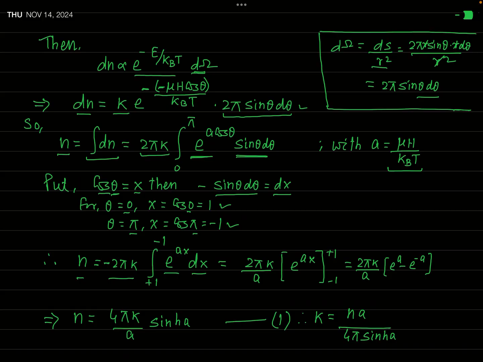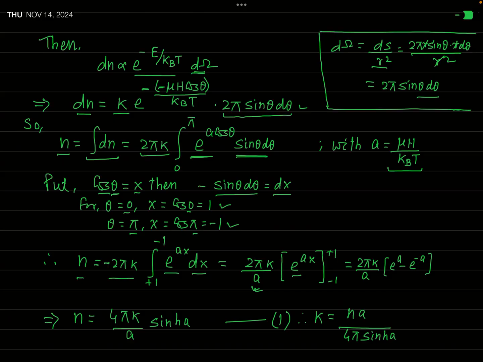Okay, now you can see, if you interchange the limits, this minus will become plus. So I have interchanged the limits, and you know, the integral of e to the power ax will simply be e to the power ax divided by a. I have written a outside of this bracket. Okay, and the limits are now minus 1 to plus 1, because I have changed this minus to plus, so the limits have been interchanged.